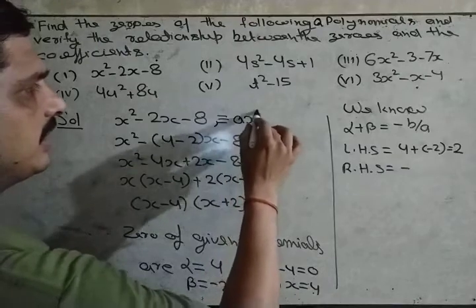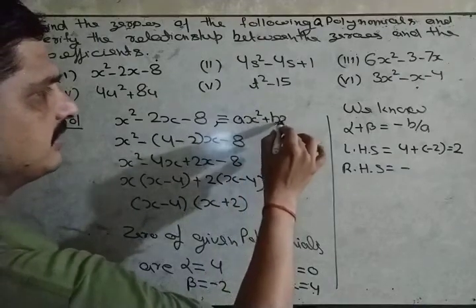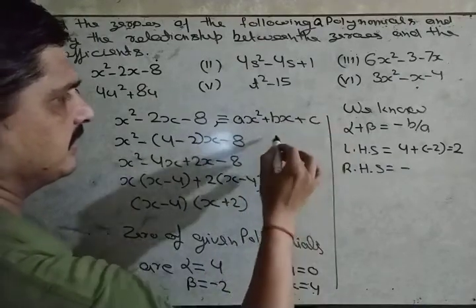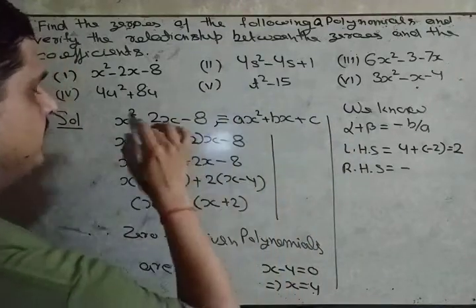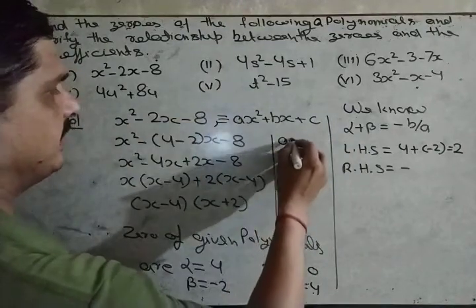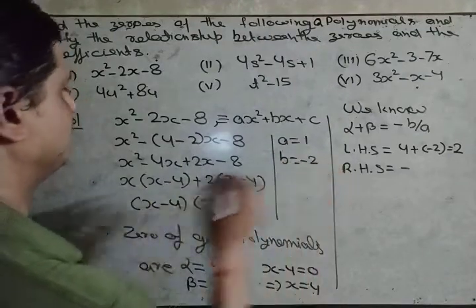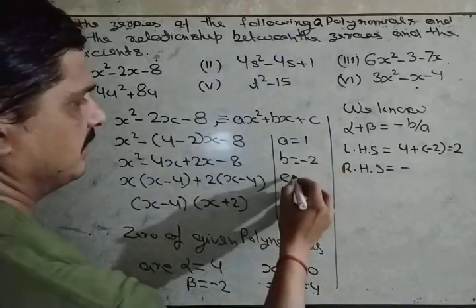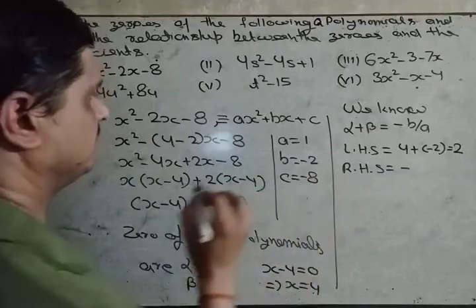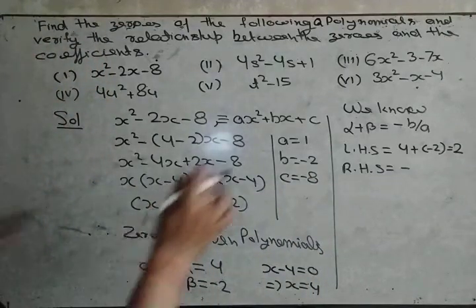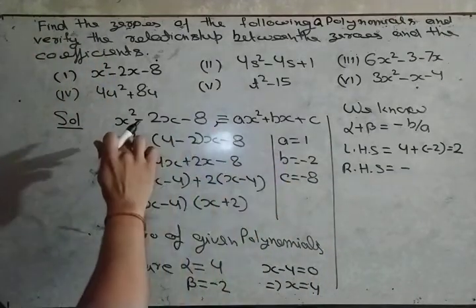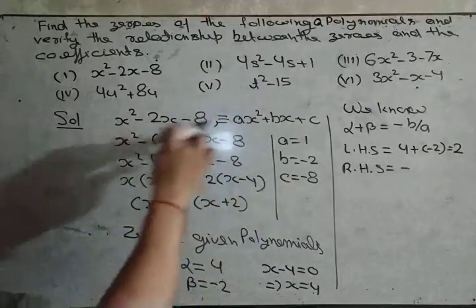Ax square plus bx plus c. On comparing you will get A is 1, B is minus 2, while C is minus 8. And you have to do this step over here.